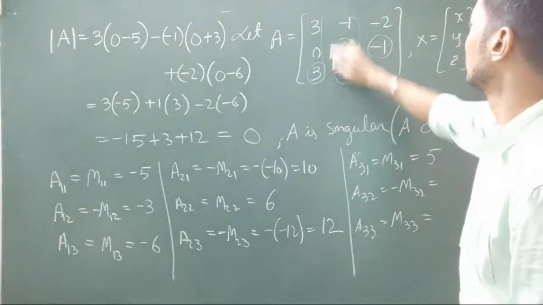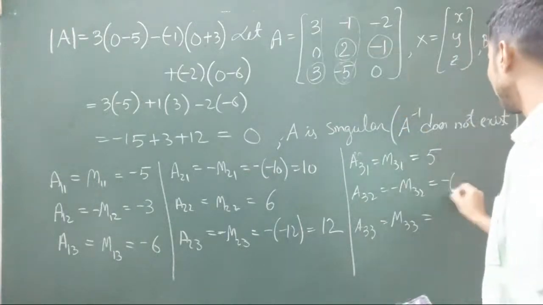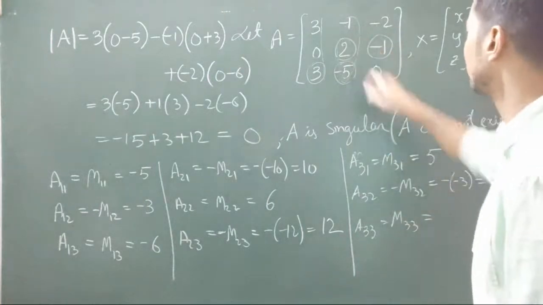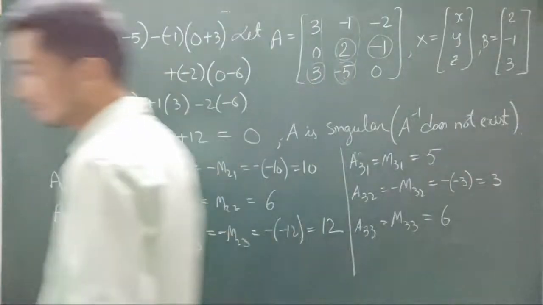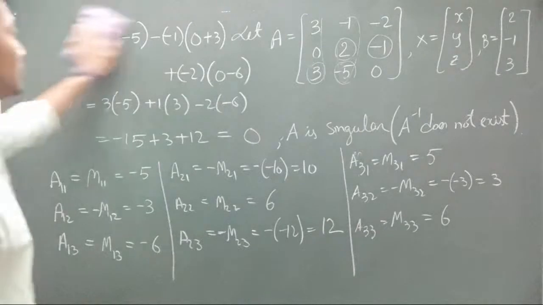M32: if you just remove this, then 3 ones are 3, minus 3, minus 3, that will be plus 3. And M33: 3 twos are 6. That's it. Five, 3, 6.